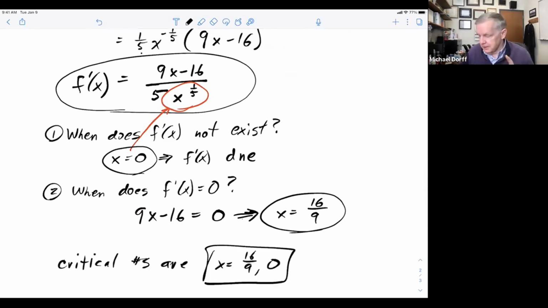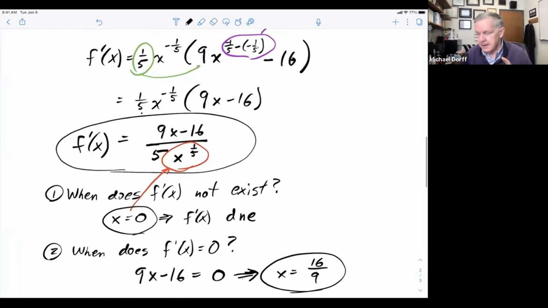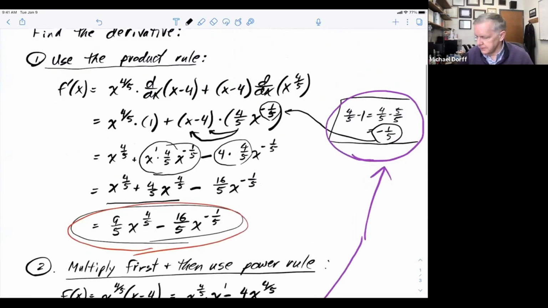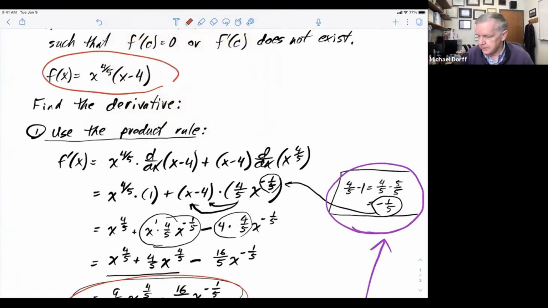One thing I needed to check on here that I didn't mention, but it's really important, is whether x equals 0 is in the original domain. If I go back to the original function here, do I have any restrictions there? Can x equal 0? Yes, no problem there. x couldn't equal 0 if x were in the denominator, but there is no denominator there.